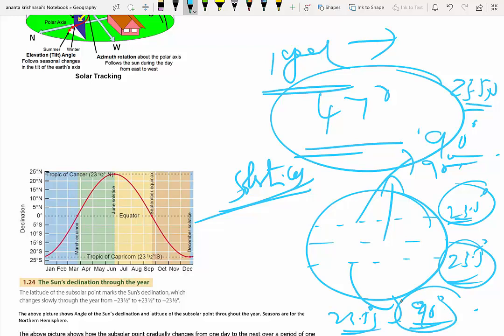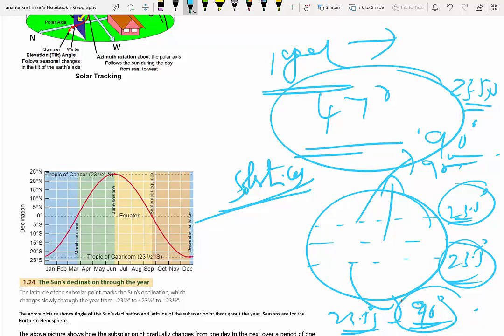Why? When we find that on the day of summer solstice or the June solstice, the sun is overhead at this particular point called 23.5 degrees north as a parallel that is drawn to the equator.